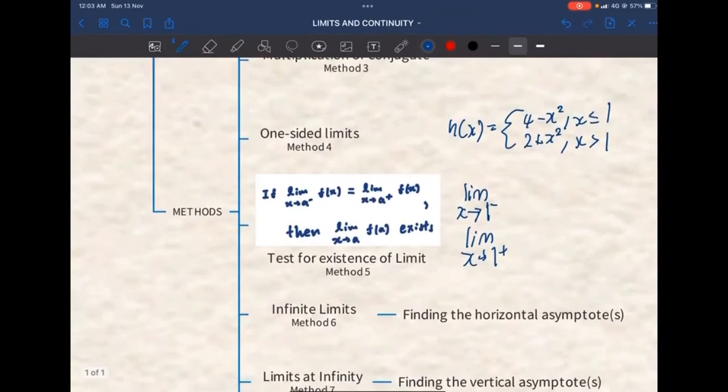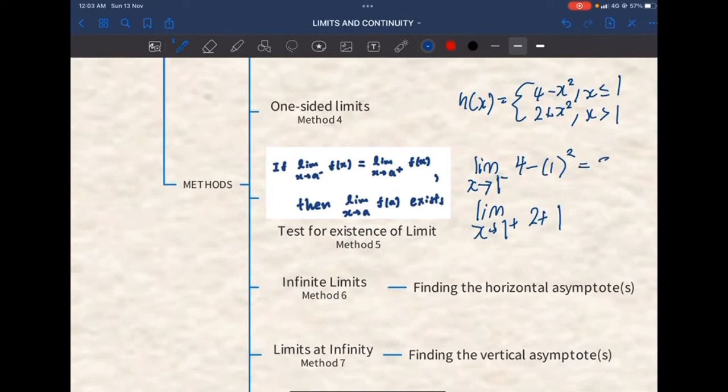From the left we get 4 minus 1 squared, which equals 3, while the limit as x approaches 1 from the right side is 2 plus 1 squared, so it's 3. Both of these are equal, which means the limit of f(x) as x approaches 1 exists.